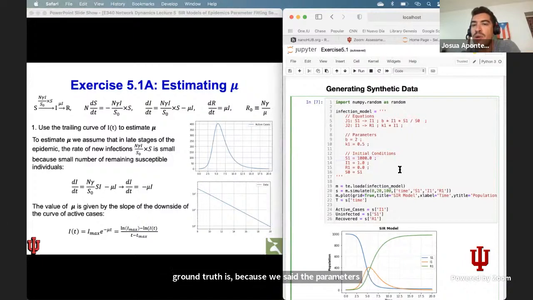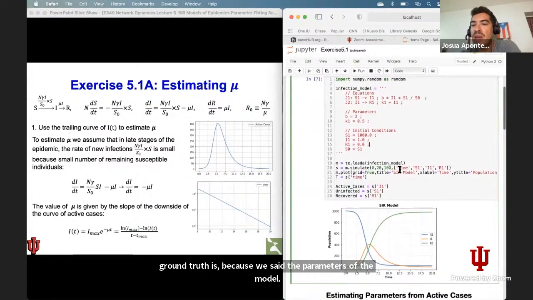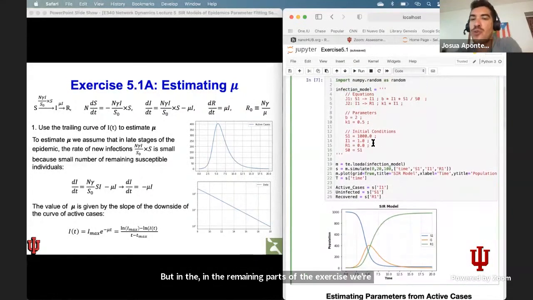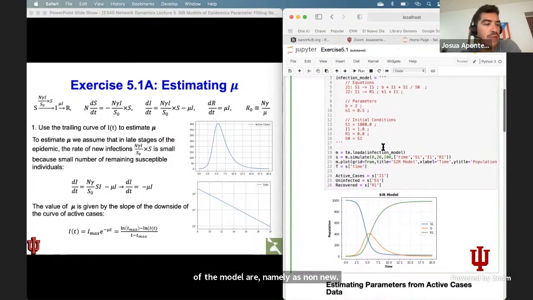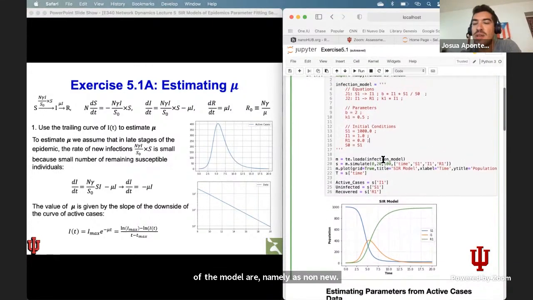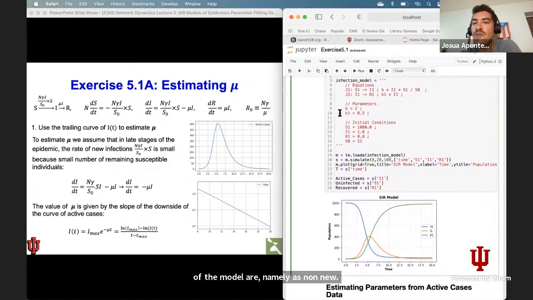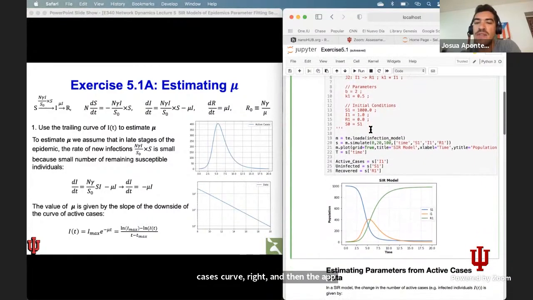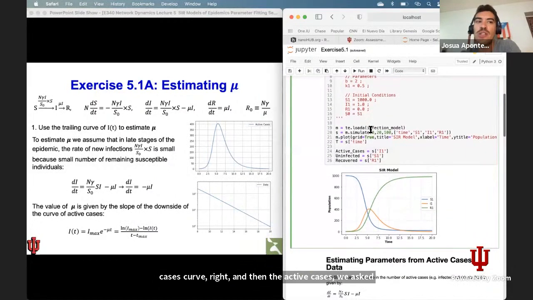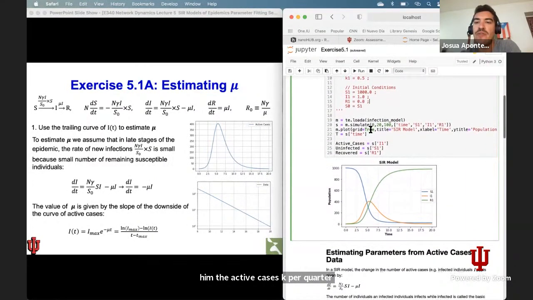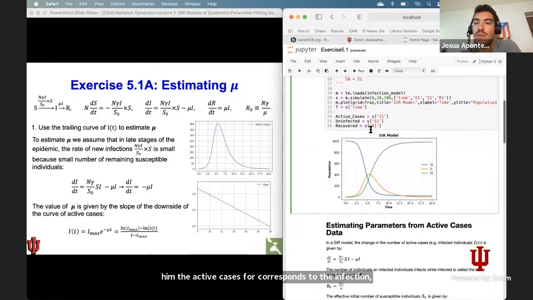In the remaining parts, we assume we do not know the parameters, namely S naught, mu, and n times gamma, and we try to infer these values from the active cases curve. We assume the active cases curve corresponds to the infectious curve in the SIR model.